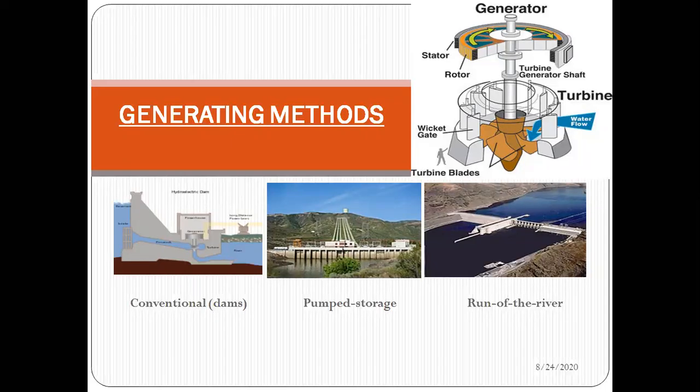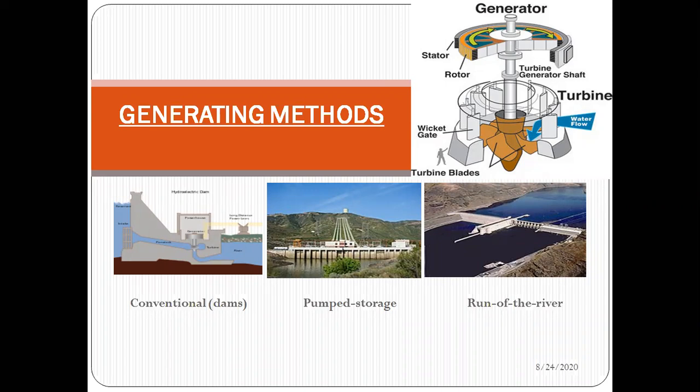For example, if you have to pump the water from a lower level to a higher level, and after that release the water from high level to low level, we use pumped storage. If you have a run-of-river scheme, the normal water is flowing in a river having a high potential. In that case, we use a run-of-river scheme.